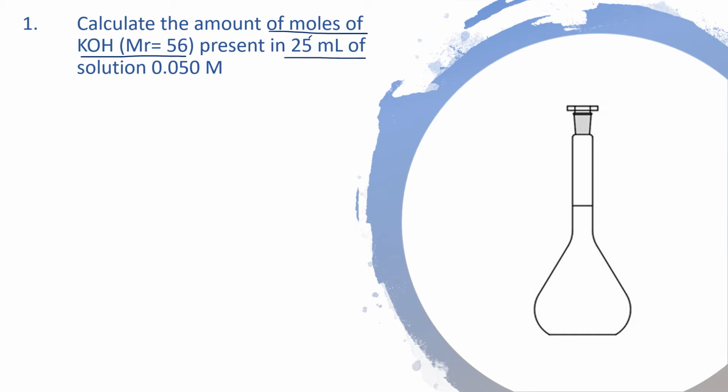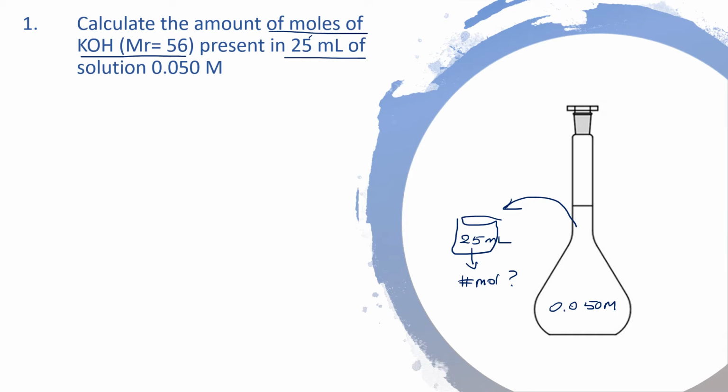So let's pretend that I have a container that has a solution that we know is 0.050 molar, and we extract 25 milliliters. And we need to know how many moles of solute are present there. Okay, that is what they are asking.